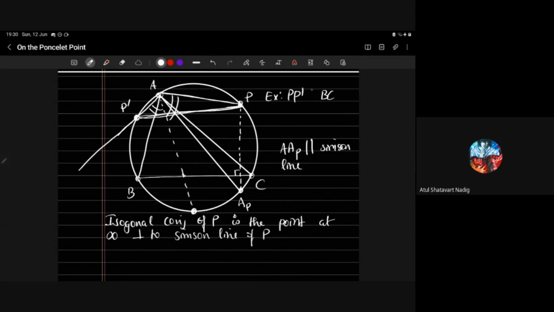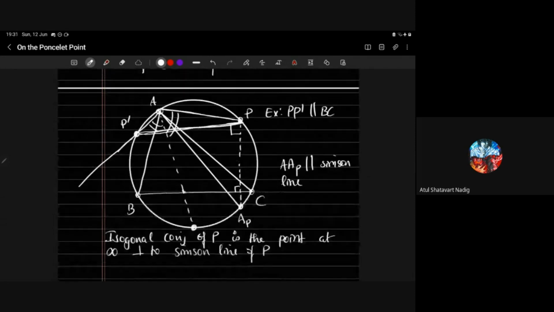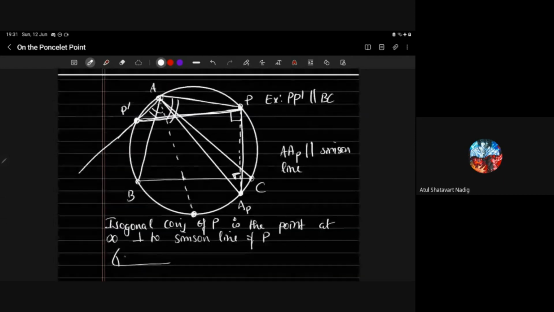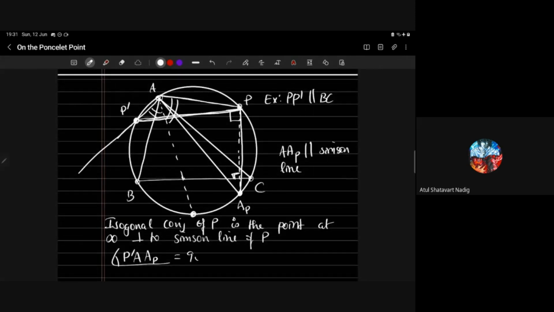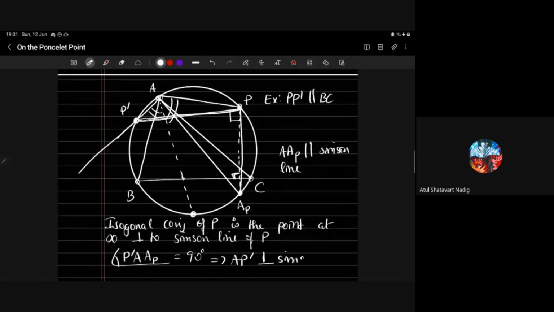Again, it's just a simple angle chase. So if PP prime is parallel to BC, that means this angle is 90 because this angle was 90. And if this angle is 90, then angle P prime AP is equal to 90, which implies AP prime is perpendicular to the Simpson line of P.